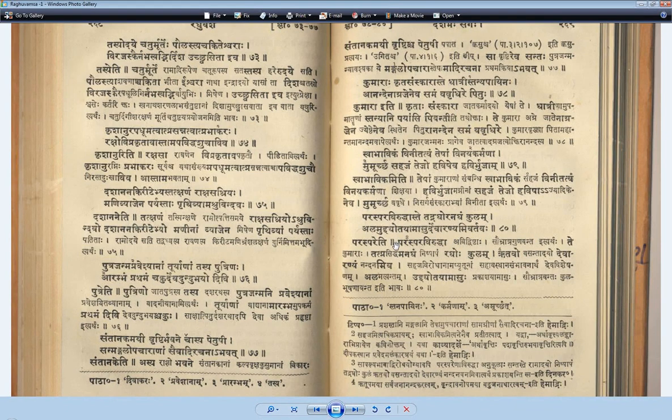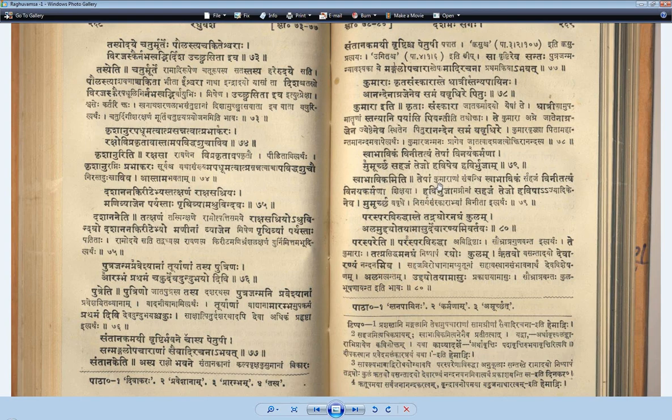Mallinatha does the Padanvaya for you. Padanvaya means a connection of the Padas. "Paraspara viruddhaha", skip all this stuff. "Te, tat, anagham, Raghoho, kulam, ritavaha, devaranyam iva, alam, udyotayamasuhu".